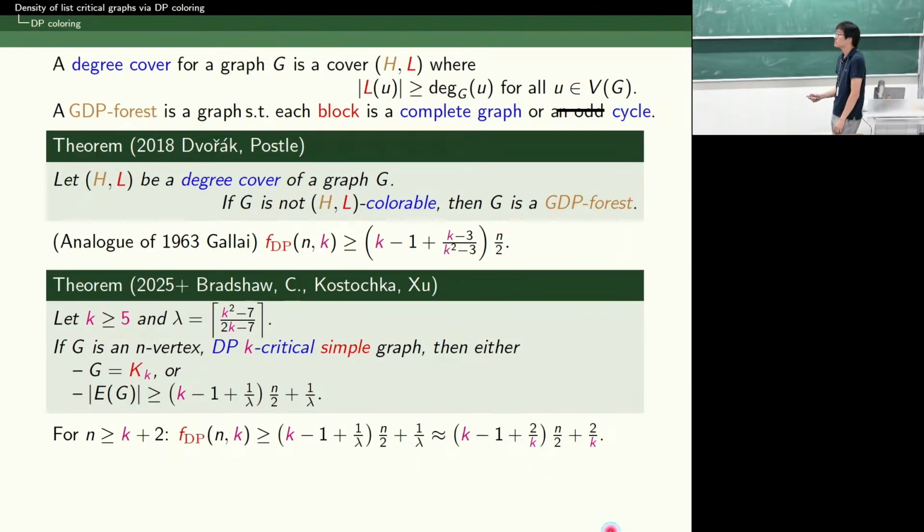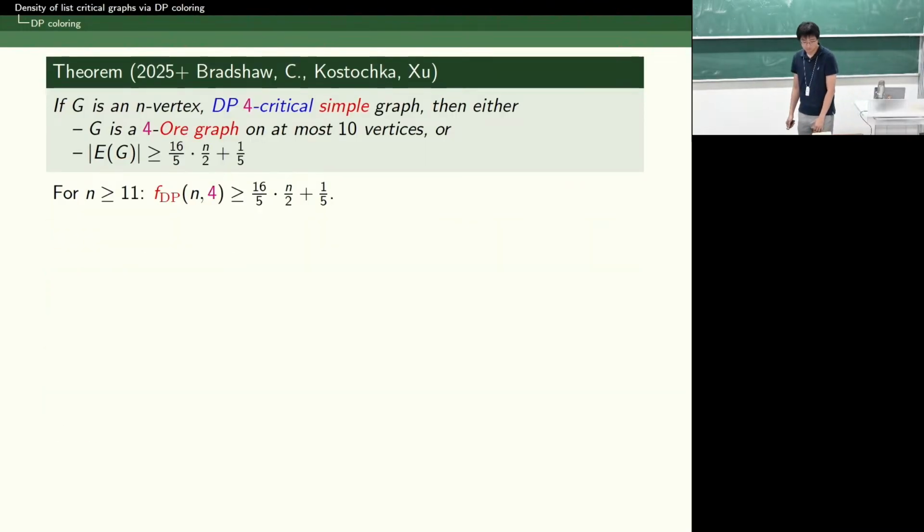But this is for k at least 5. We want to know what happens when k equals 4. For k equals 4 we also have some results. We had to prove it separately, because for k equals 4 there are more exceptions. Remember when I was talking about Rayburn's result about list coloring, I said that depending on the number of colors he had different proofs.